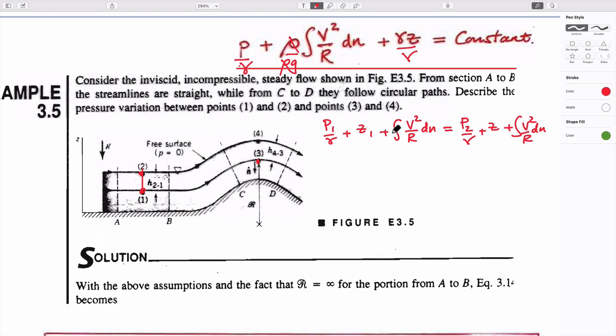I guess this is 1 over gravity as well, right? Not so important for this one, I suppose.